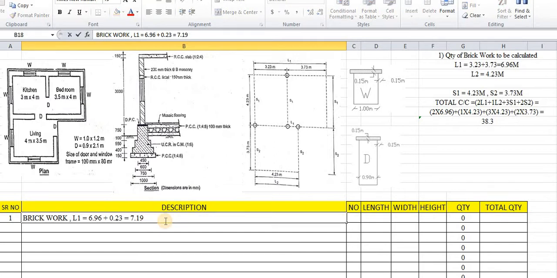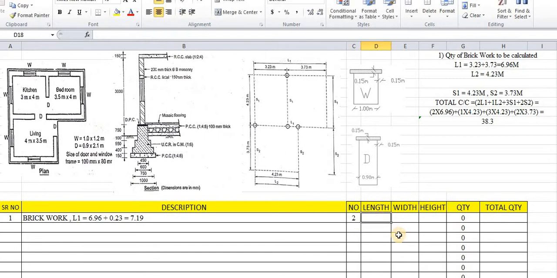For the long wall, we have added the width of this section. What is the width of this brickwork? 0.23. What is the length of long wall? 6.96 plus width in case of long wall and minus width in case of short wall. So 6.96 plus 0.23 comes to be 7.19. How many numbers of long wall are there? Two.